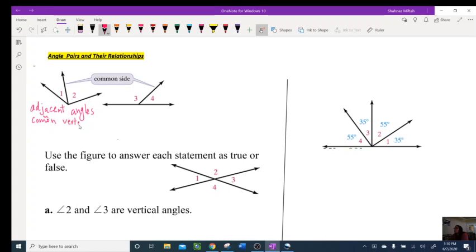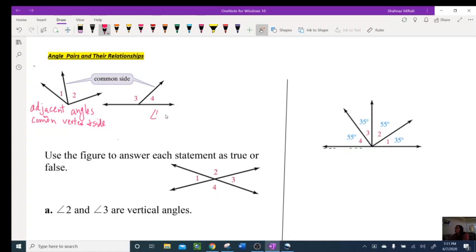But their interiors are not in common, like up here, this is 30 degrees and this is 60. So 1 and 2 are adjacent angles, 3 and 4 are adjacent angles.